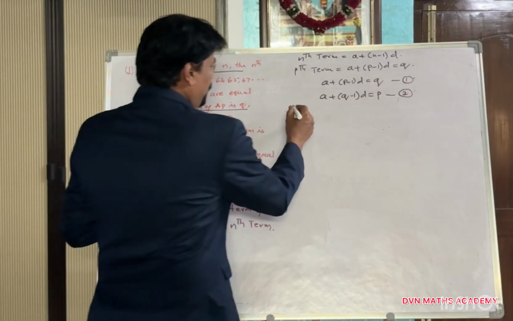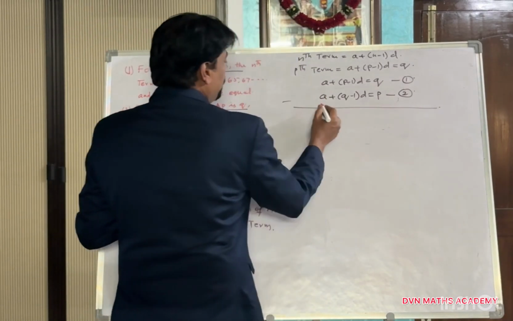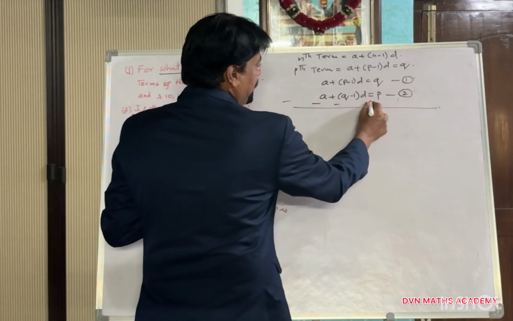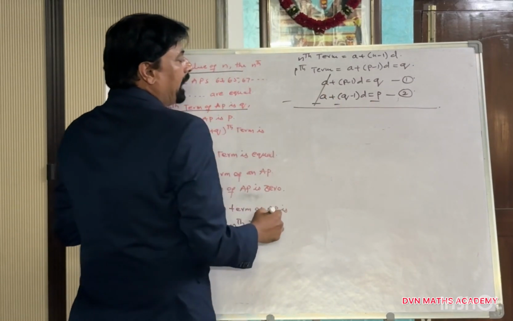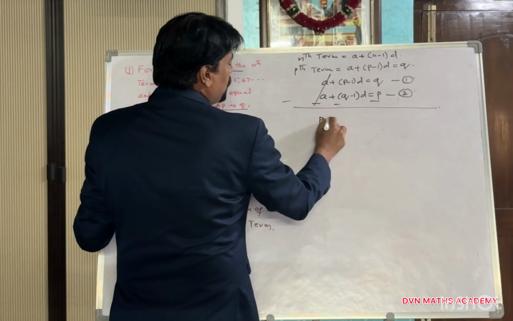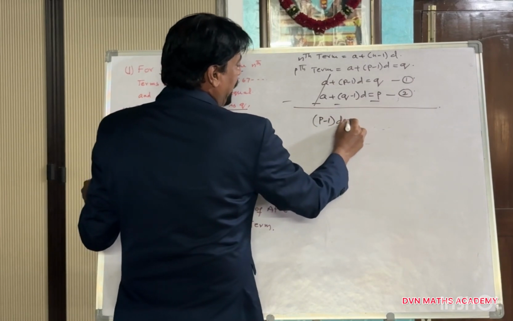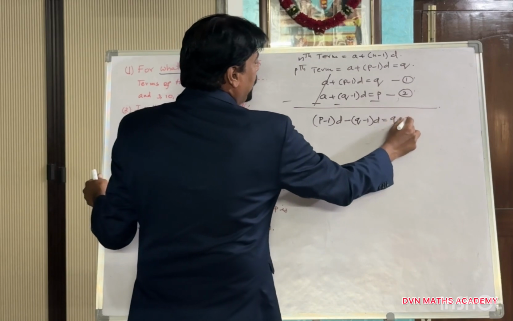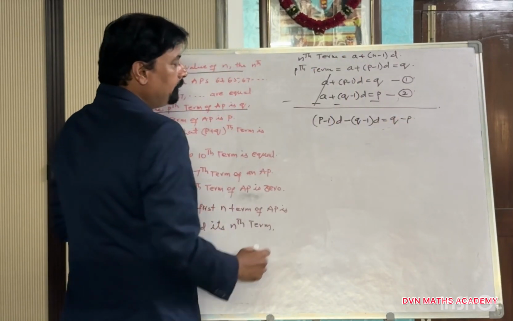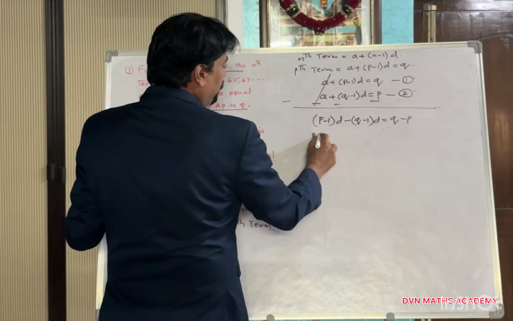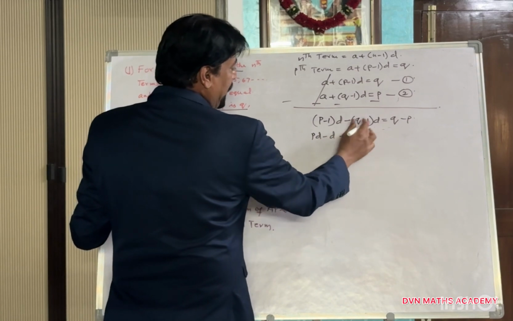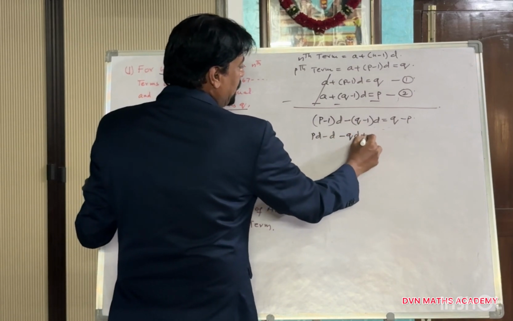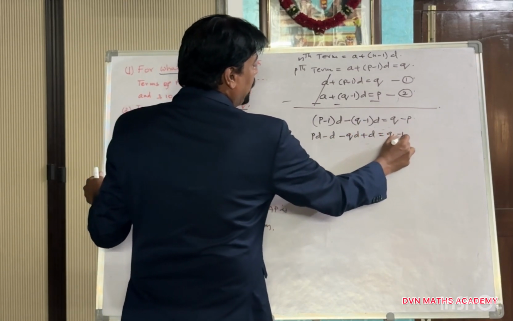If I subtract both equations, this becomes minus, and this becomes minus. What happened now? p minus 1 into d minus q minus 1 into d is equal to q minus p. If you multiply, pd minus d minus qd plus d is equal to q minus p.